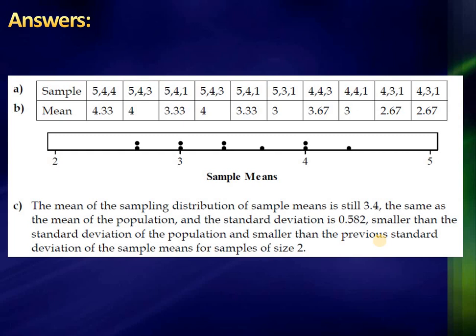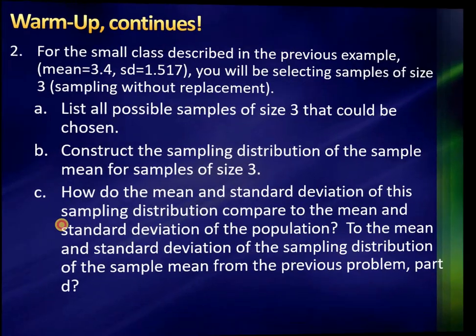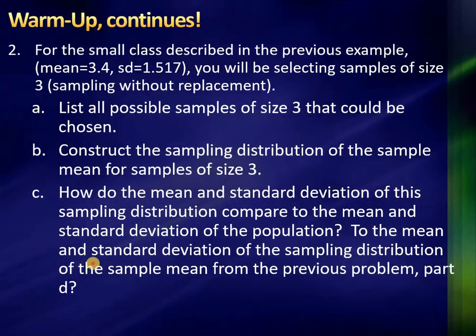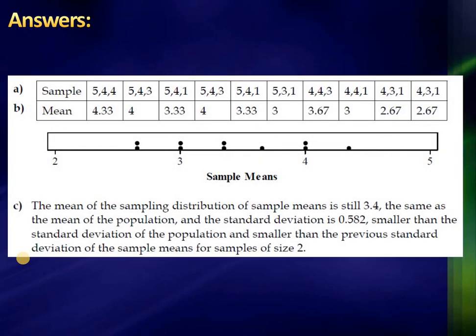Each of their averages, and if I look at my sampling distribution here, do you see how if I compare this graph to this graph, they both go from 2 to 5, but on my second one, that's pulled in. So if I look at all of my possibilities here, and then all of my possibilities here, my graph itself has pulled in. The average of all of my samples of size 3 was still 3.4.